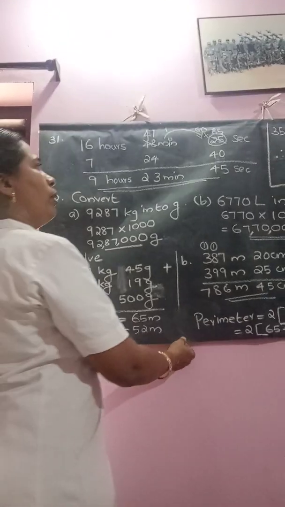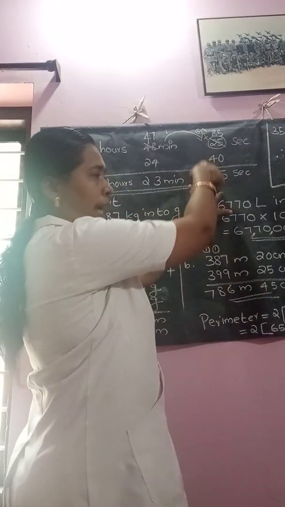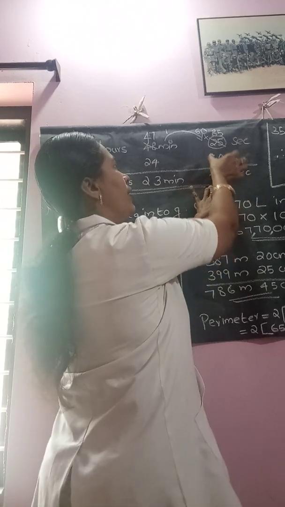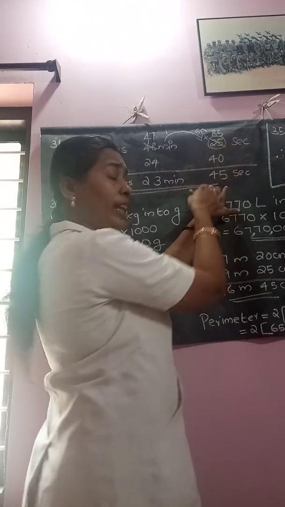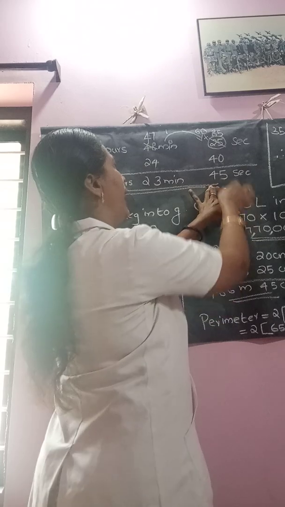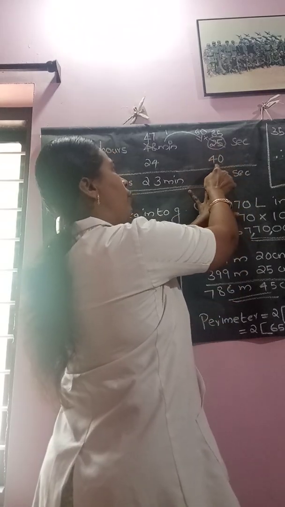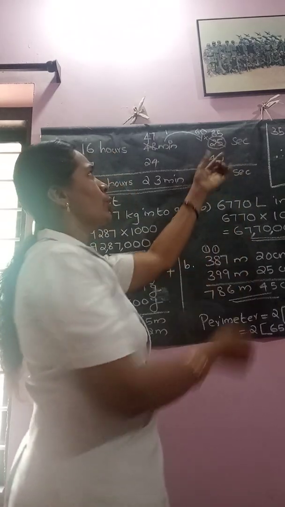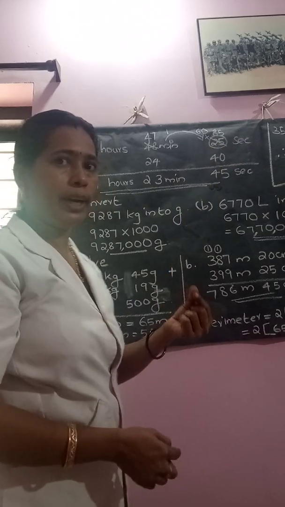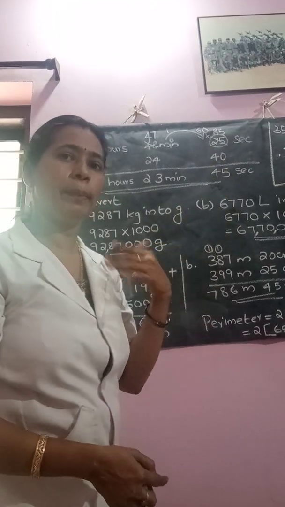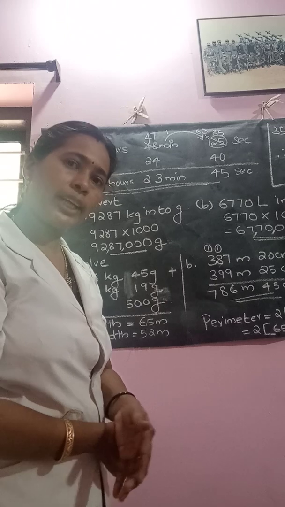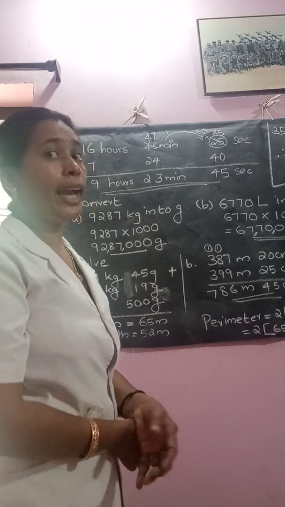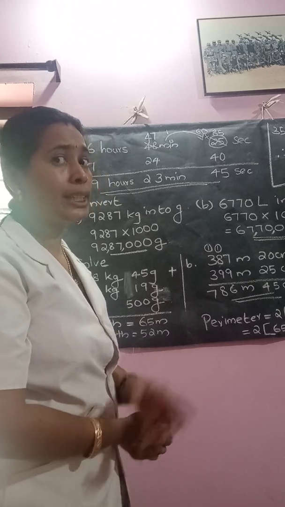And see the column of seconds. When we are doing subtraction, we can see that 25 is a small number and 40 is a little bit big. So is subtraction possible? No. Carry over 1 is possible, but see the columns.